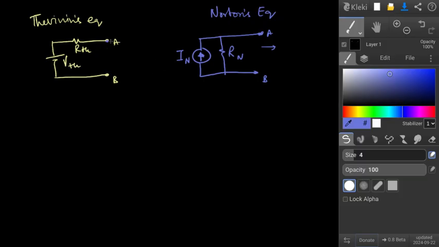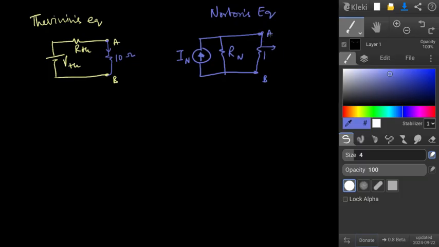So the moment I connect a load here, so let's say a resistance of 10 ohms, how much current it will take depends on the values of VTH and RTH. The same 10 ohms, if I connect on the Norton's equivalent also, the current calculated on the left side and the current calculated on the right side both will show equal value. Okay? That means it behaves exactly the same.